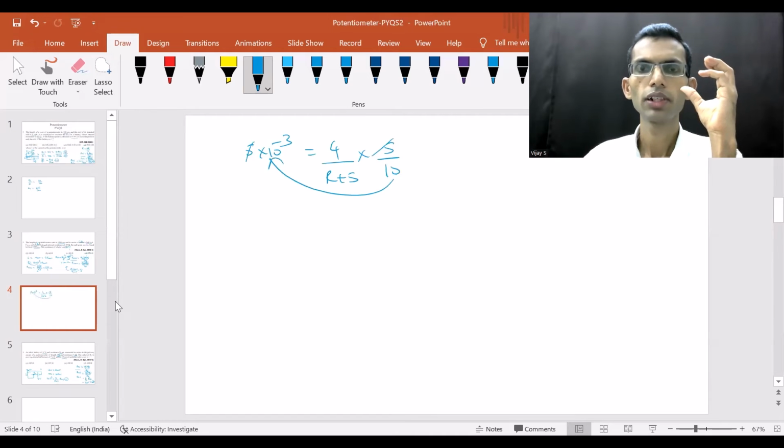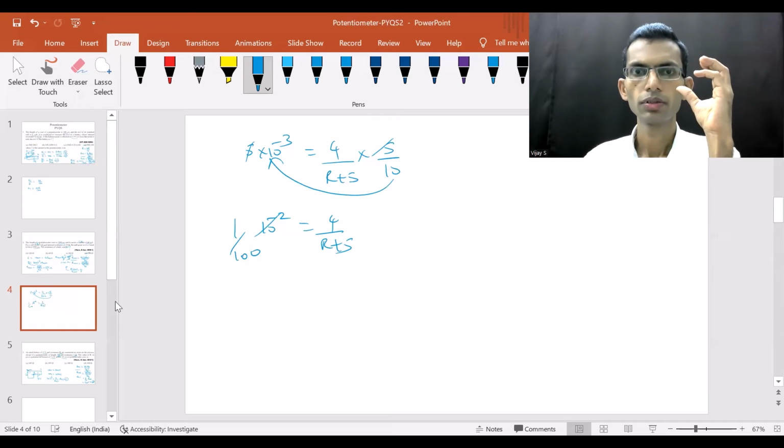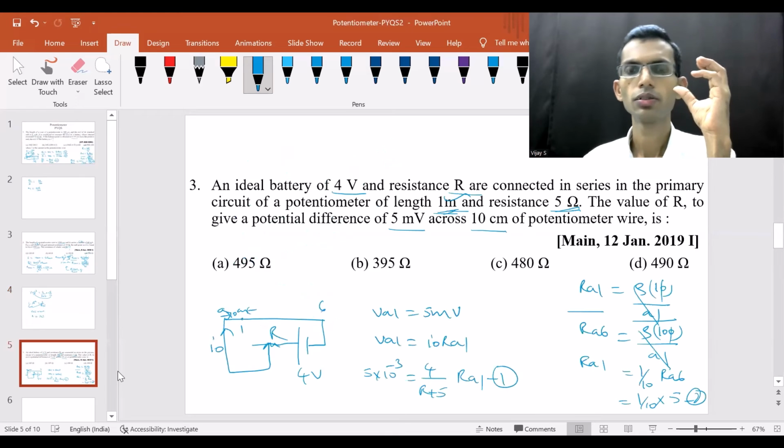When 10 goes that side, we get 10 power minus 2 is equal to 4 by R plus 5. So this can be written as 1 by 100. When 100 goes that side, R plus 5 is equal to 400. So R is equal to 395. That's right. Which option satisfies? This is the answer.